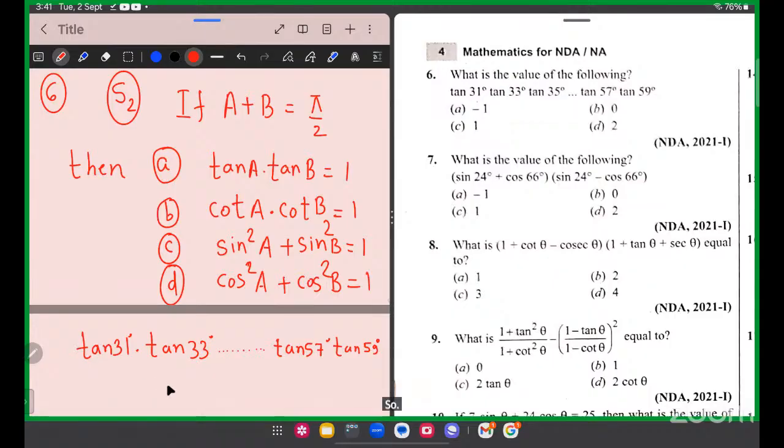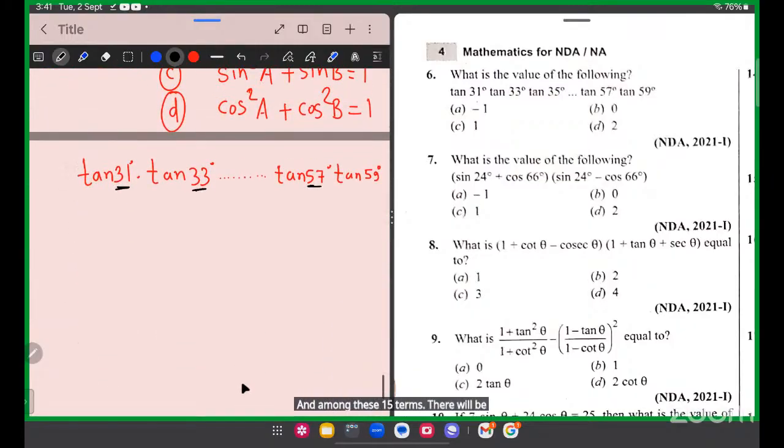So could you just tell me how many angles are there here? I mean, how many terms are there precisely? See, 31 to 60, how many numbers are there? 30 numbers, right? So 15 odd numbers are there. I mean, 15 terms will be there. And among these 15 terms, there will be one term which is tan 45 degrees, which is equal to 1, somewhere here.